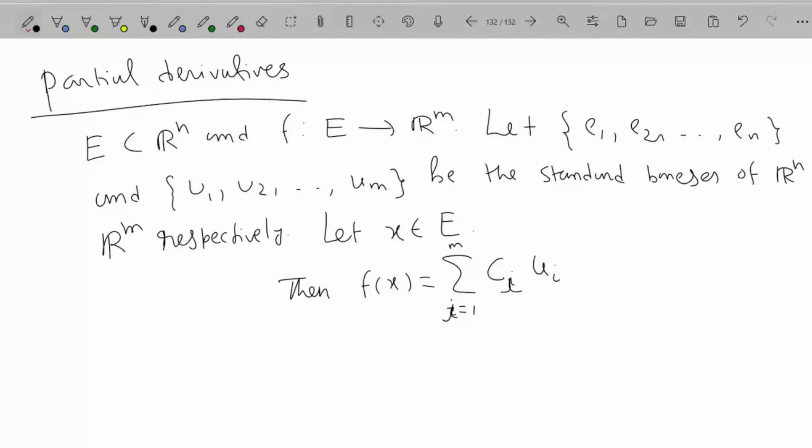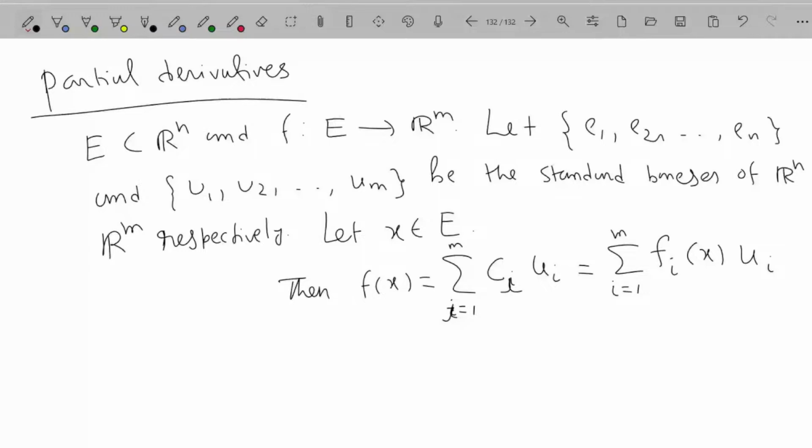Correct? Now this constant ci we will write as fi of x, so the sum over i equals 1 to m of fi of x times ui.